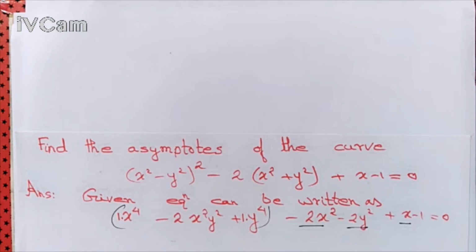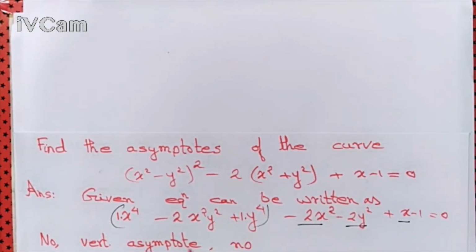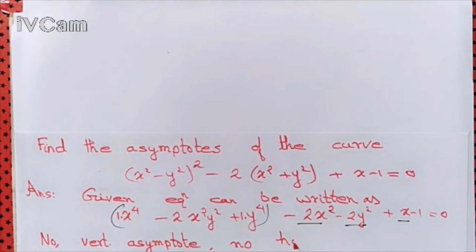So we are forced to say no vertical asymptote, no horizontal asymptote.